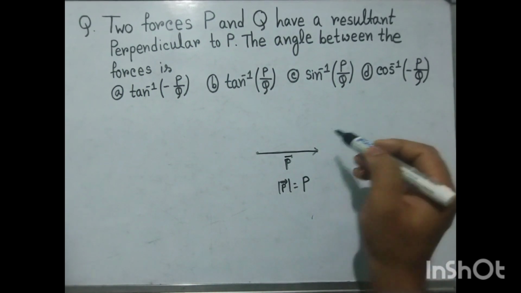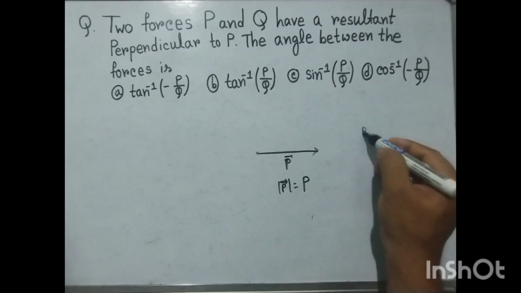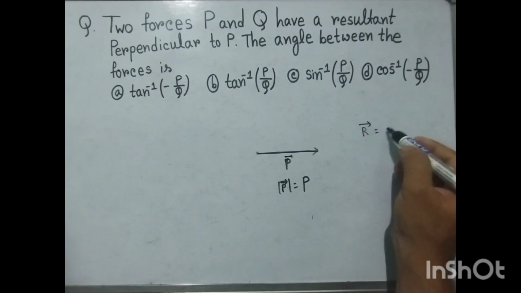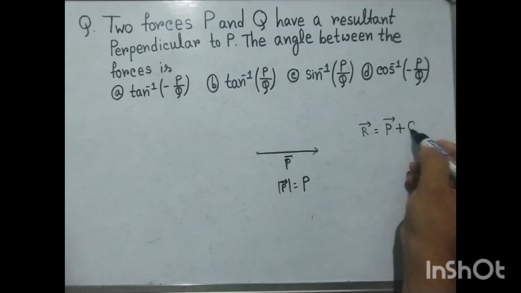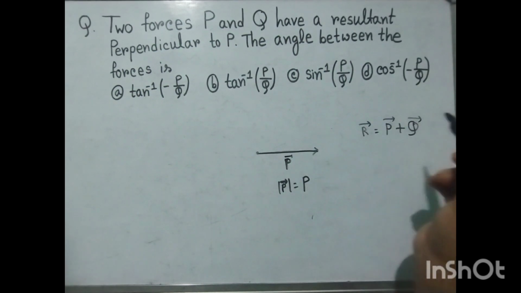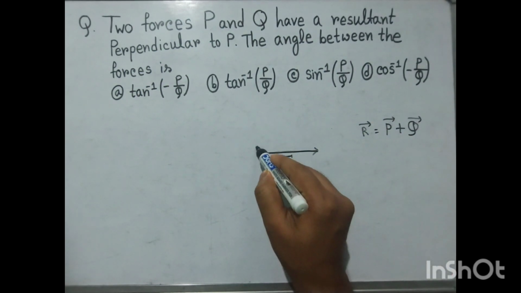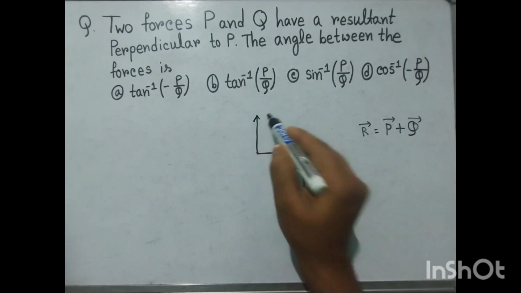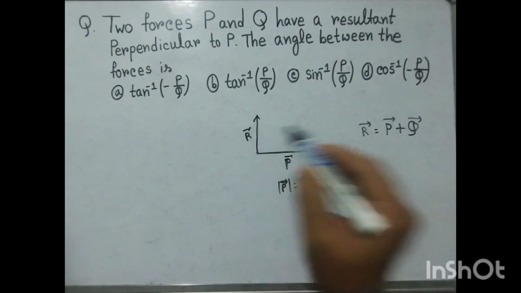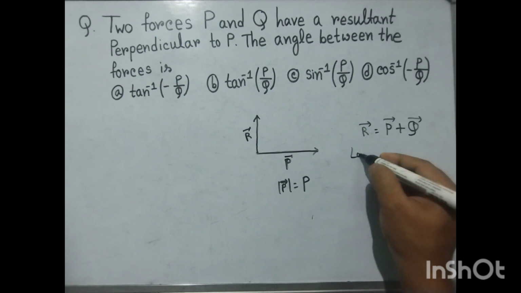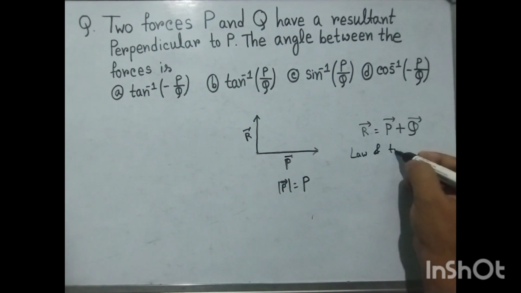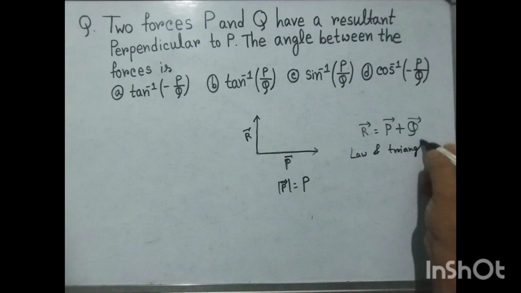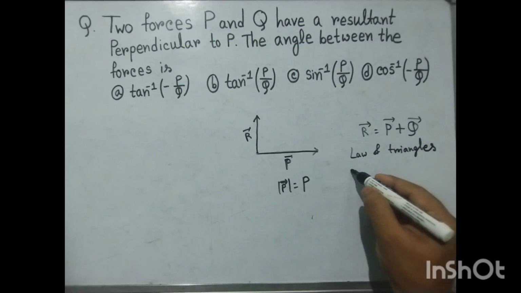Okay, but we know that the resultant R vector, that is P vector plus Q vector, is perpendicular to P, that is given here. Suppose this is R vector. So we know the law of triangles in vector addition.